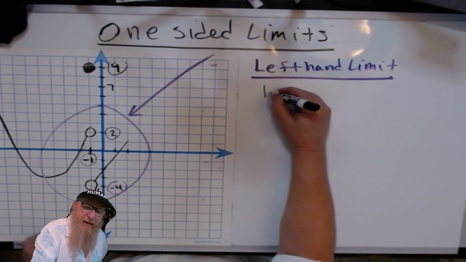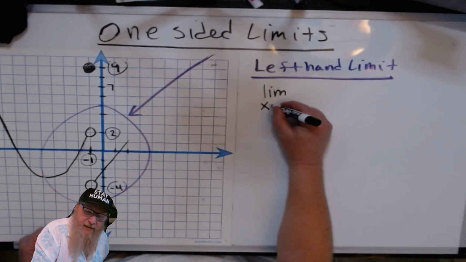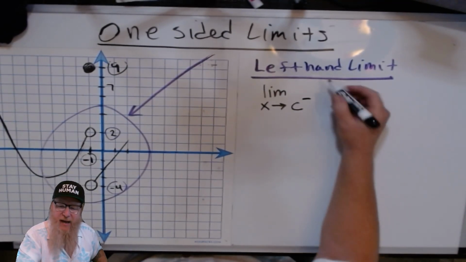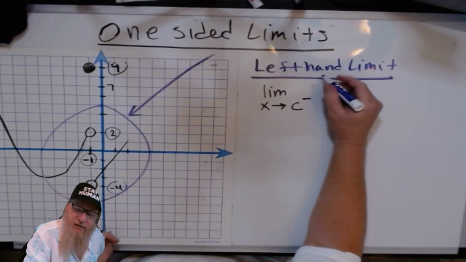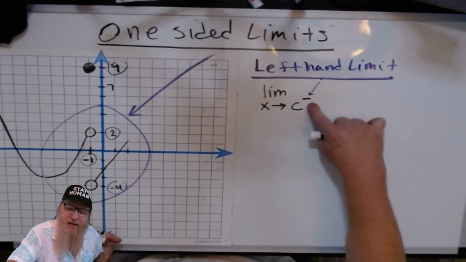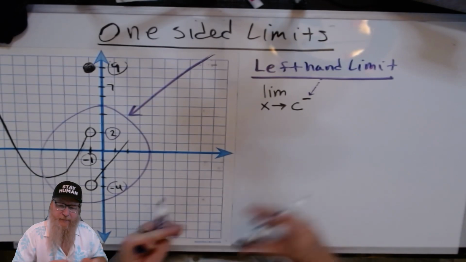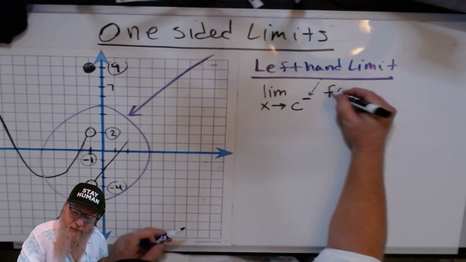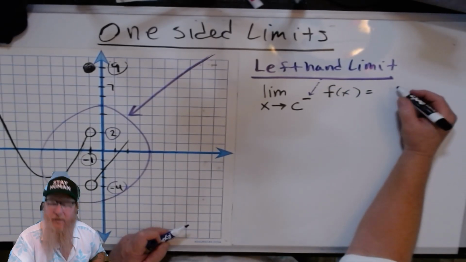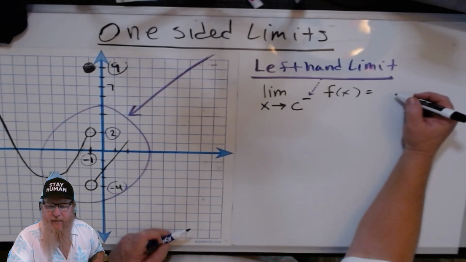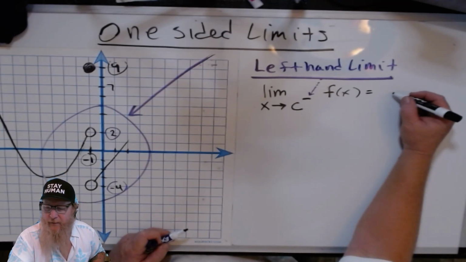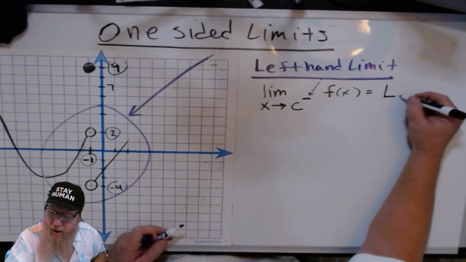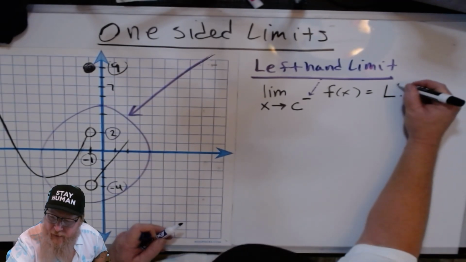And then we would write the limit as x approaches c with a little negative sign up here. It looks like an exponent, but it's a negative sign, of f of x is equal to, what should we call it? L1 or something? Let's call it L minus.